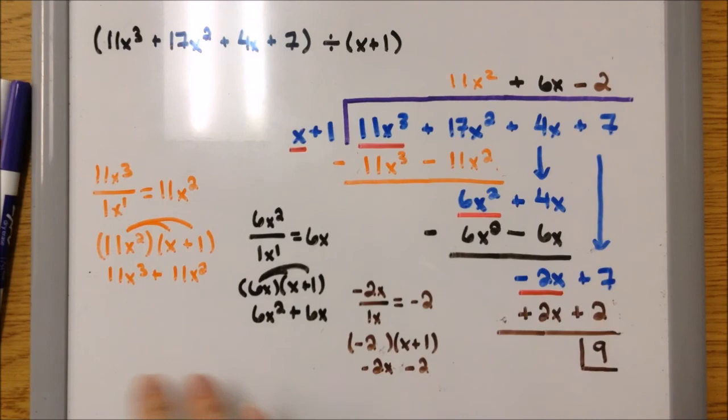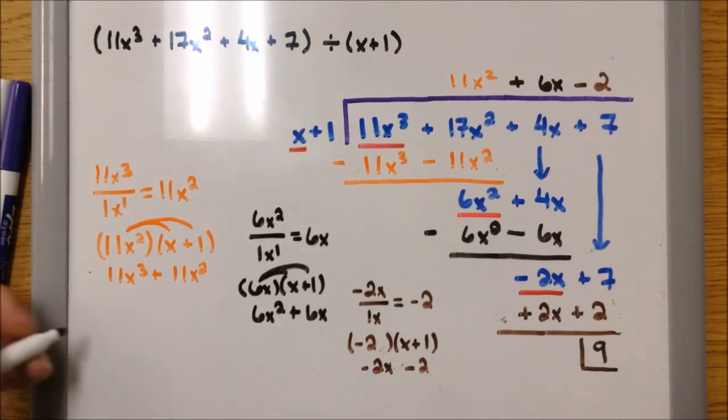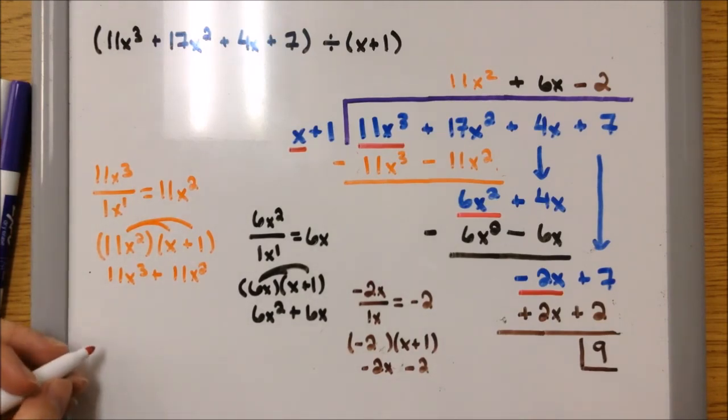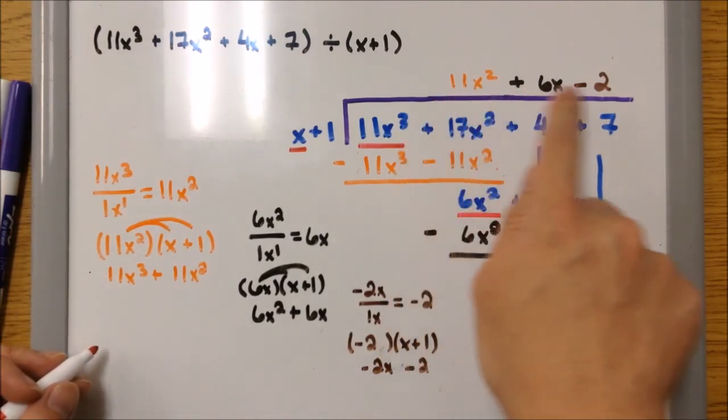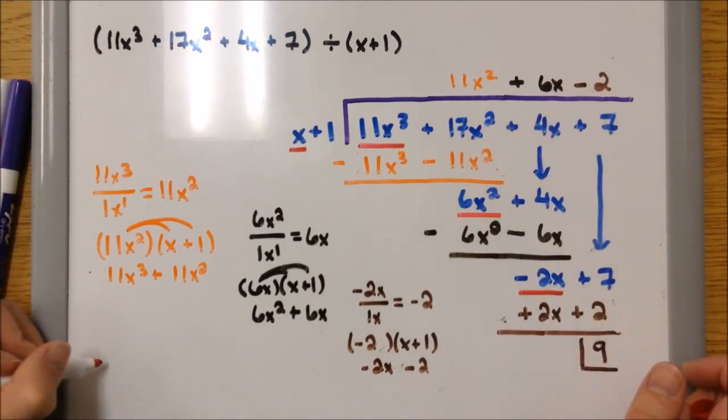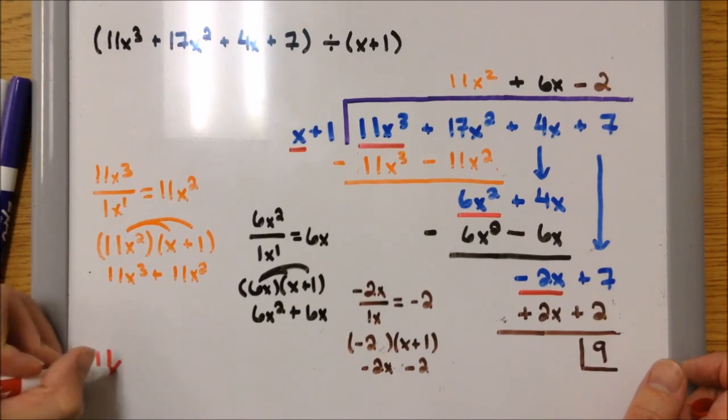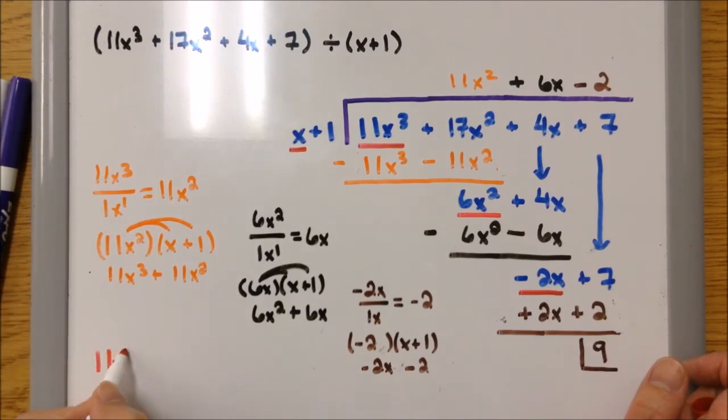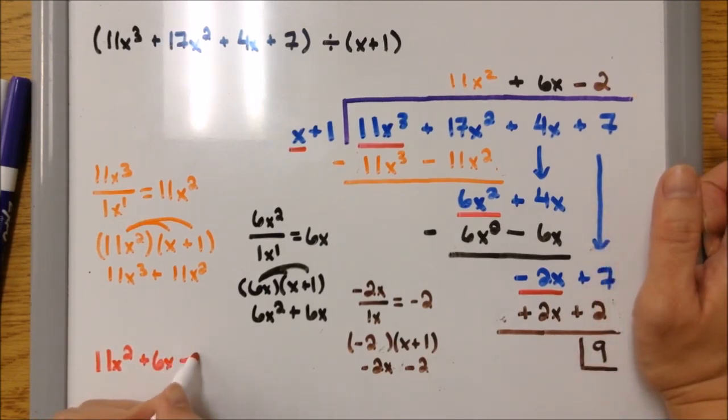I'm going to write the answer since I have space right here. Alright, so here's this half of the answer: 11x squared plus 6x minus 2.